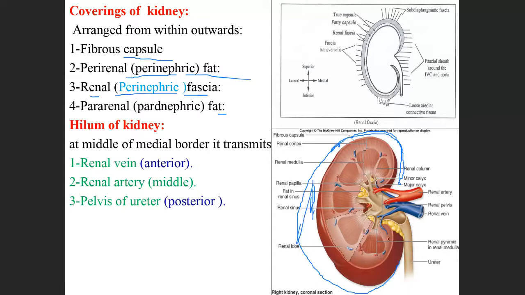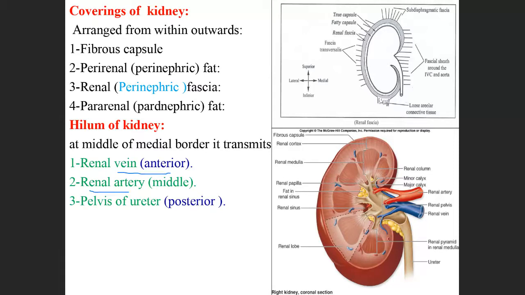And in the hilum, how are the structures arranged? This we already know. What are they? The renal vein, renal artery, and renal pelvis. So where are they present? The renal vein is anterior, the renal artery is in the middle, and the pelvis of the ureter is in the posterior part.